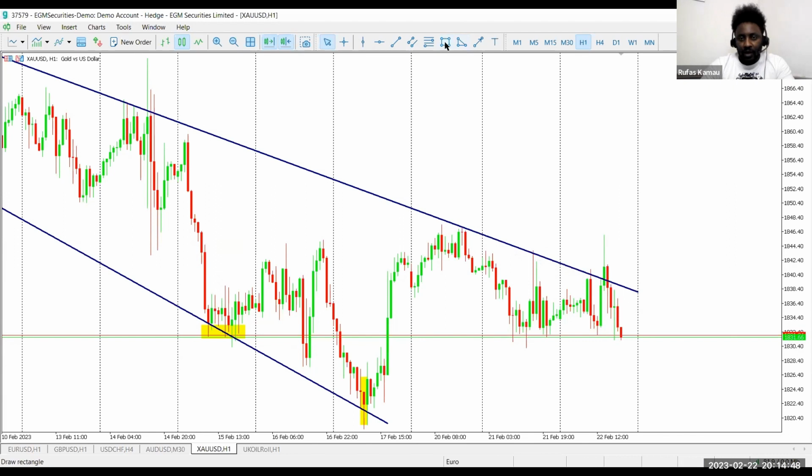So the liquidity grab happened in this area where the market basically forms a reversal pattern, and immediately the sellers in this market go for a short selling position targeting the previous low all the way down here, and then they just set their stop loss here, just above this pattern here.